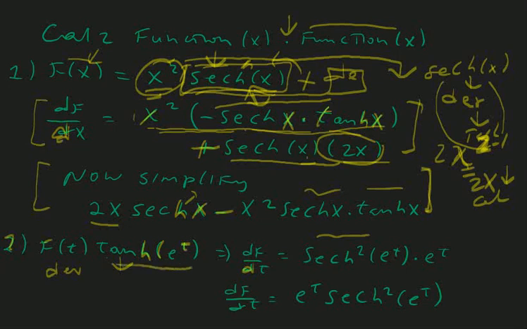This is the derivative, and then we have to do the derivative inside. Anytime you have e to the t, it doesn't change, so it stays e to the t anywhere you see it. So the derivative of this is e to the t. Now, like I was saying earlier, you have to rewrite, it comes to the front, e to the t. So you have the derivative e to the t times sech squared of e to the t.